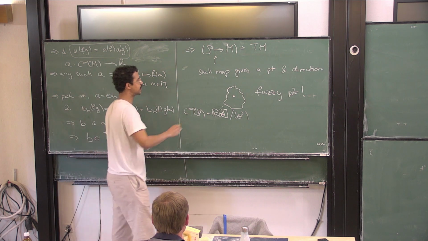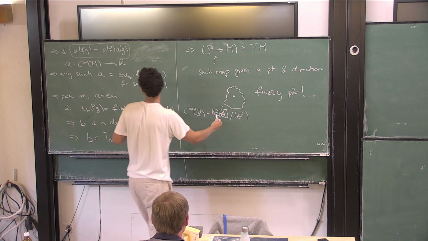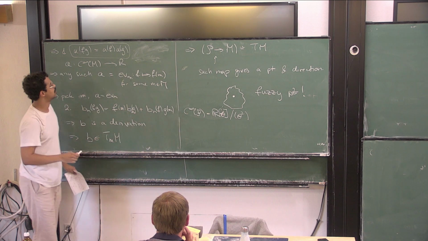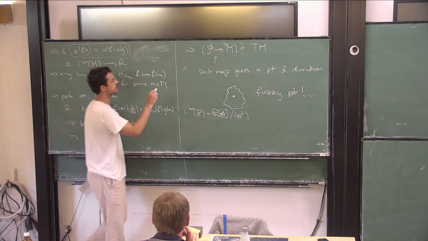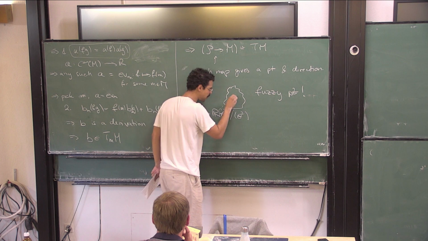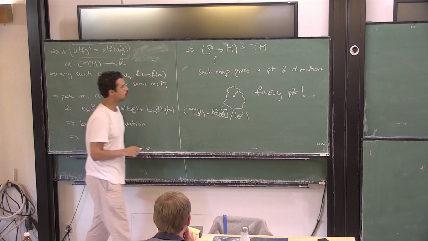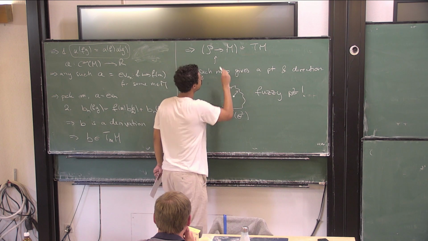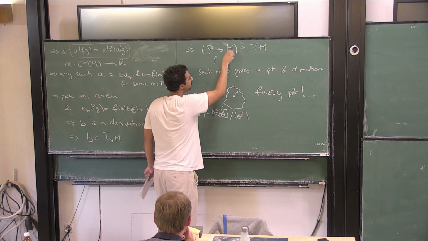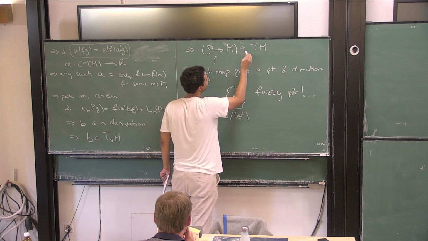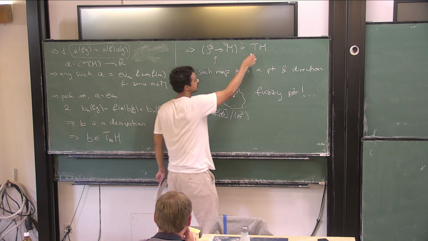And the algebraic rule says that it gives you two things: a point and an abstract direction. So it gives you a point in M and a direction in the tangent space at this point.